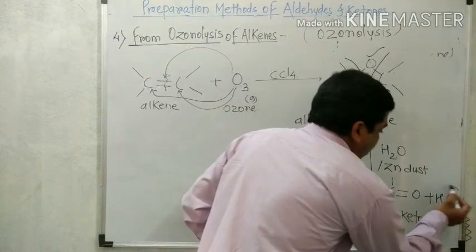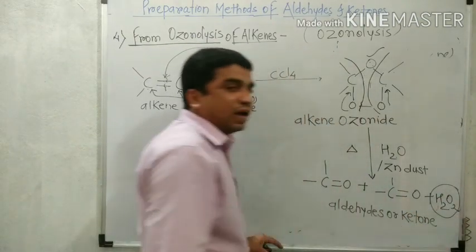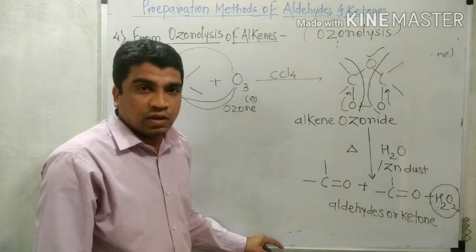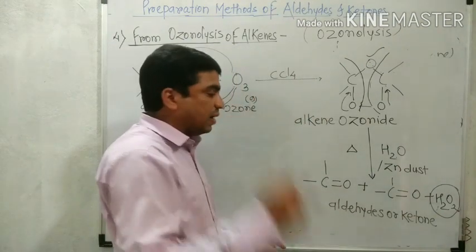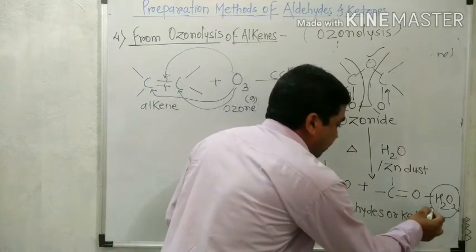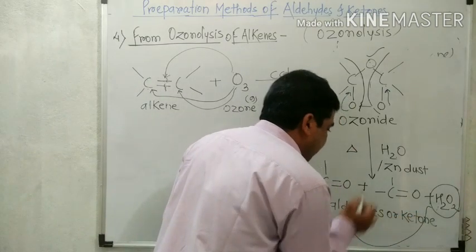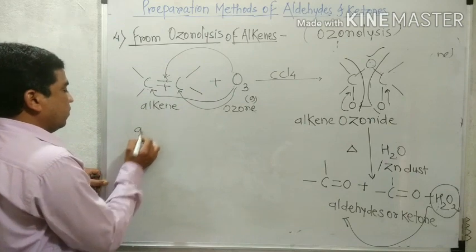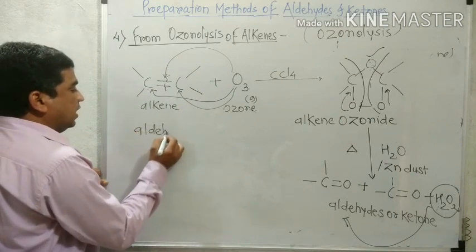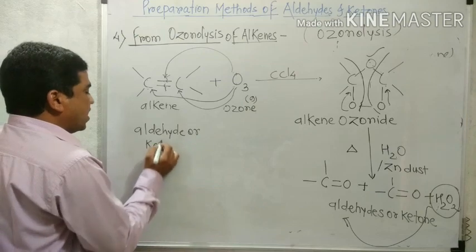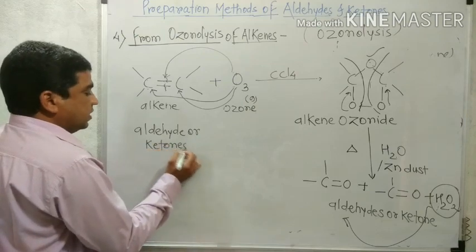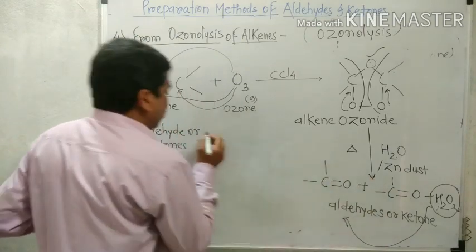Because hydrogen peroxide is obtained as a byproduct in the reaction. If hydrogen peroxide remains in the reaction as the byproduct, it reacts with the aldehyde or ketone formed as a product in the reaction.